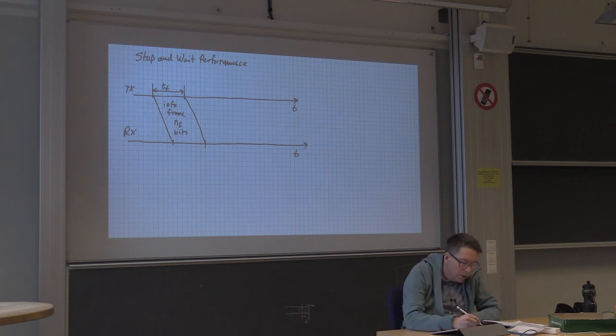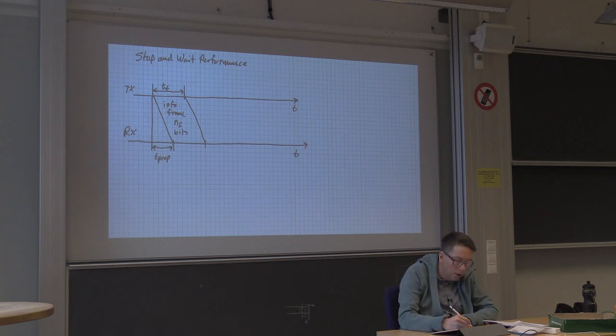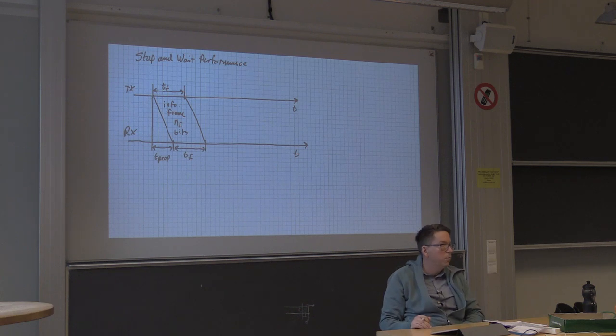The time from when the first bit is transmitted until it reaches the receiver is called the propagation time, or T-prop. And then the time until the last bit has arrived is TF, the frame time, of course.